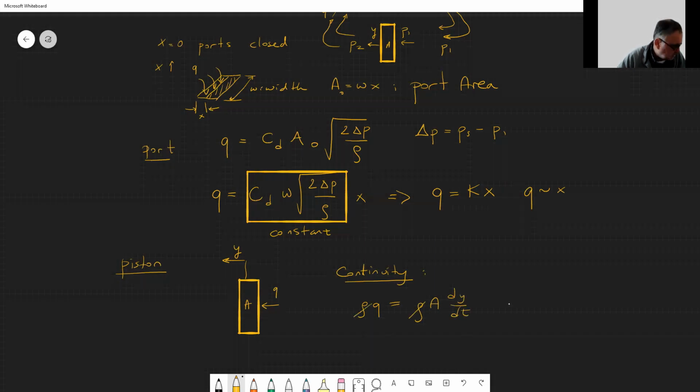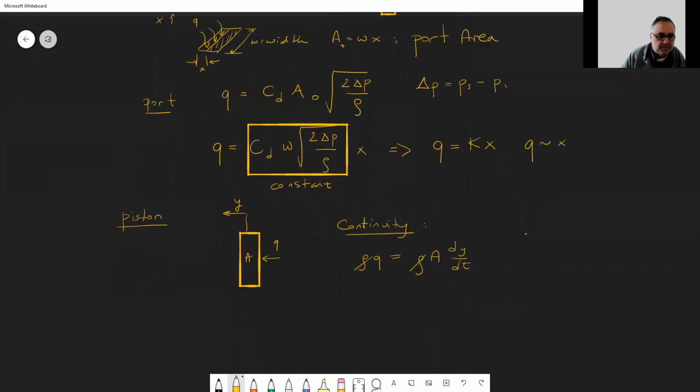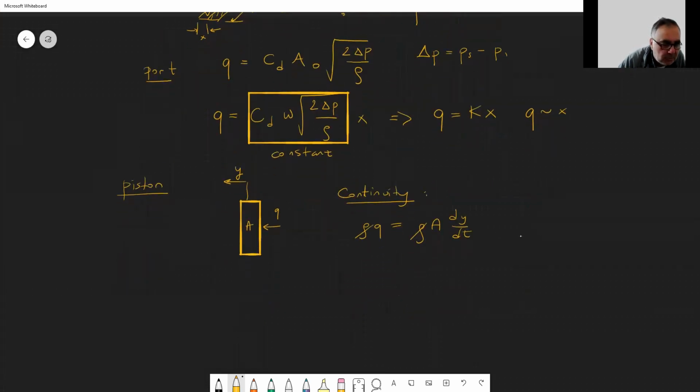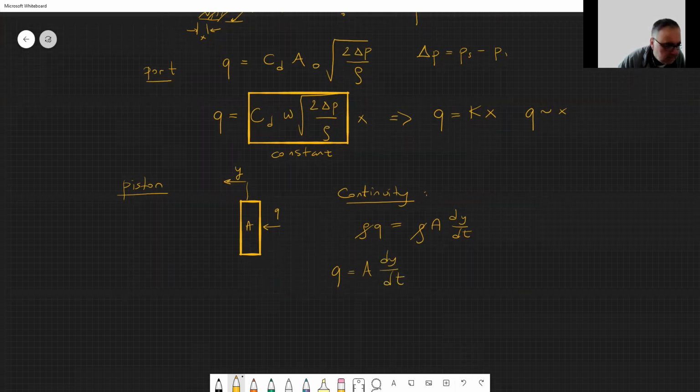Those cancel. So Q is equal to A dy/dt, which is the equation for the port. But we know that this is equal to kx, from above.